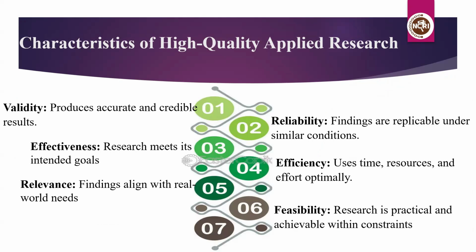That means that if I happen to do a similar applied research in a similar setting, I can actually yield similar results. And at the same time, the fourth characteristic is relevancy, which actually means that it aligns with real world needs.